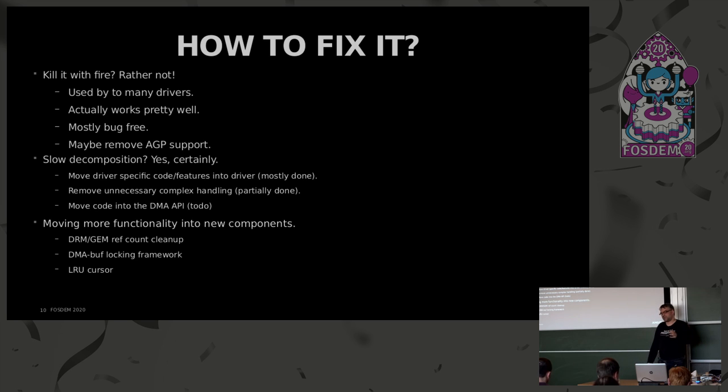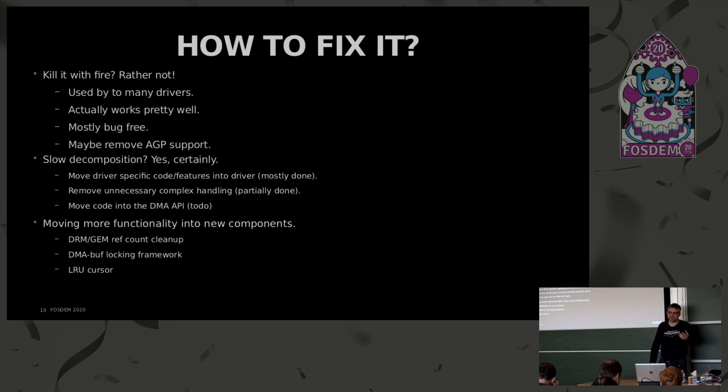Previously, it was organized so that TTM and GEM were completely separated. Recently, somebody at Red Hat went ahead and made the GEM objects a base class of TTM. This has the feature that we can now move duplicate handling.